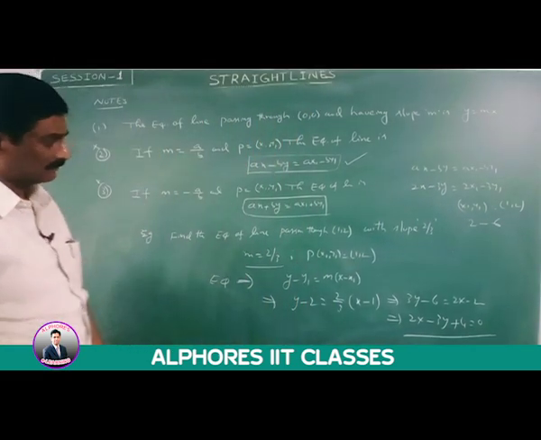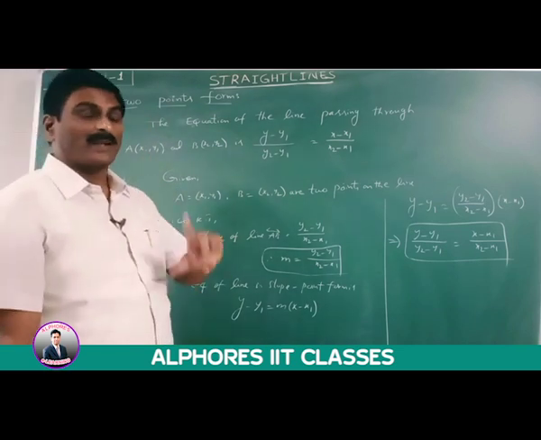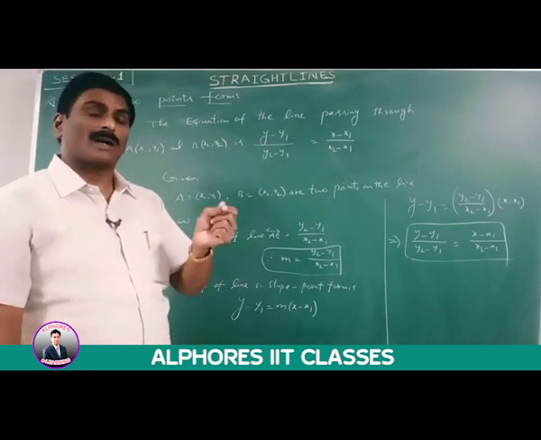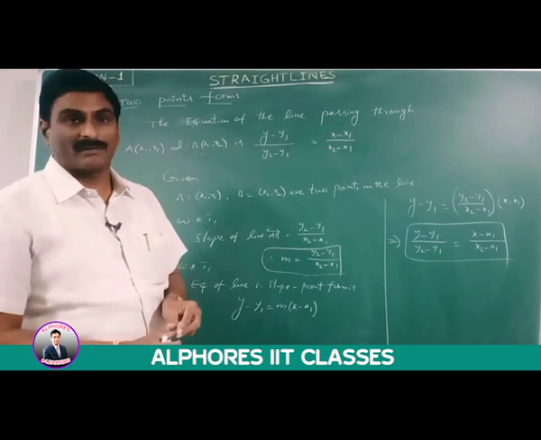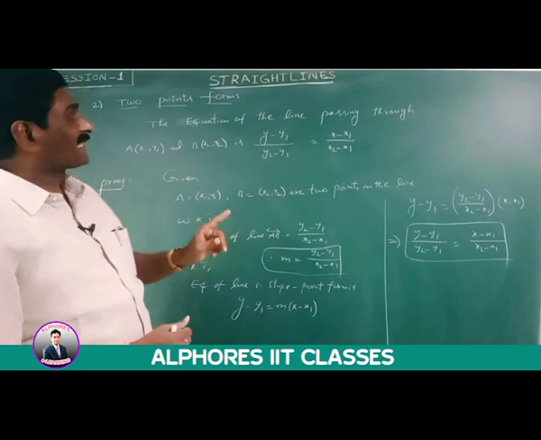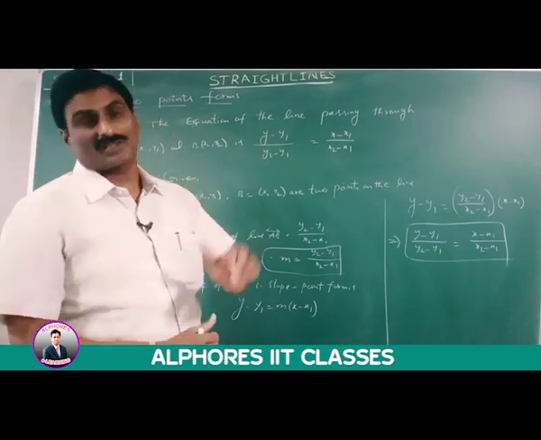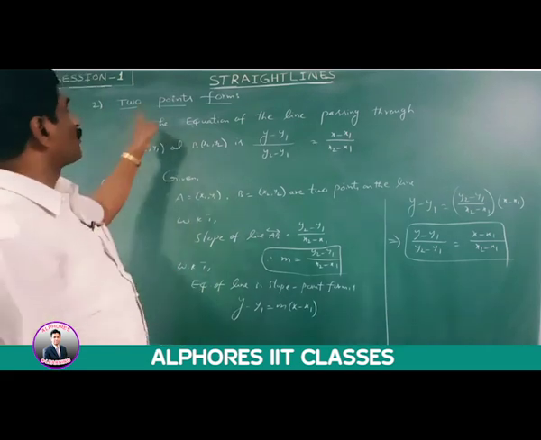Okay. Next, the second one: two points form. In the previous case, when slope and point are given, we find the equation of the line. That equation is y minus y1 is equal to m into x minus x1. In this case, if two points on the line are given, then we find the equation of the line. Please note this: two points form.